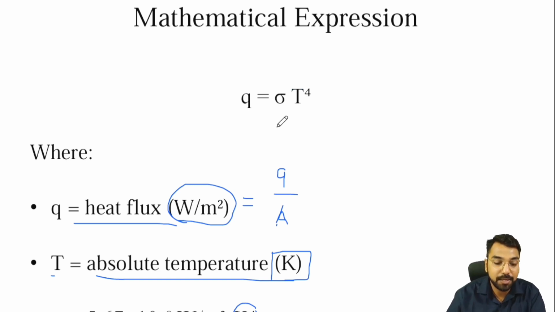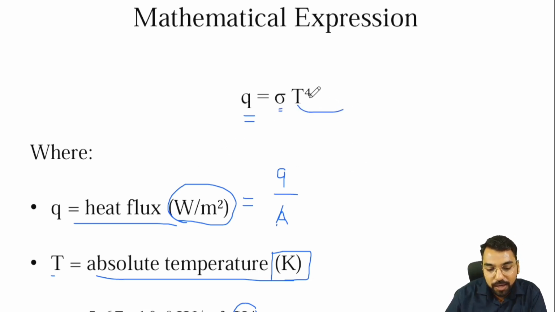In this expression, Q is the radiated energy, meaning Q is the total heat transfer by the mode of heat transfer which is radiation. So Q is the total amount of energy transfer by radiation, and this is the Stefan-Boltzmann constant sigma, and this is the absolute temperature.